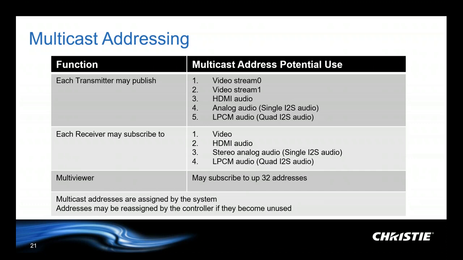The multicast addresses are assigned by the system, okay? So you don't need to go into that at all. The controller is going to do that for you. From a user perspective, and from an installation perspective, it's completely transparent.